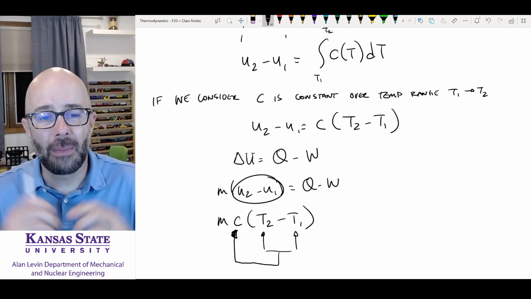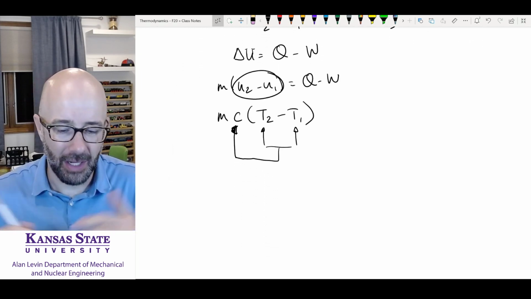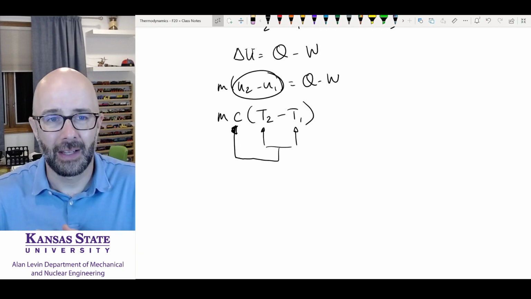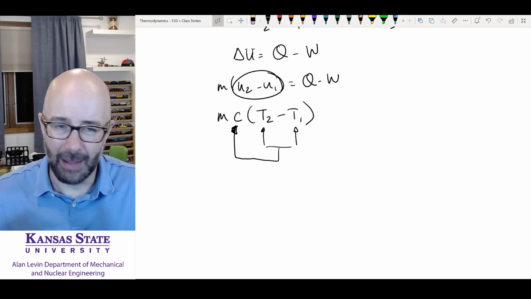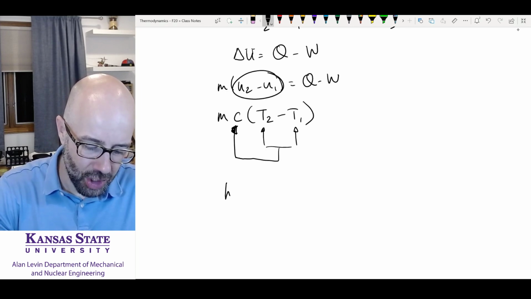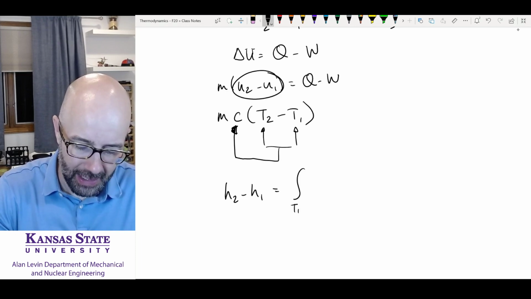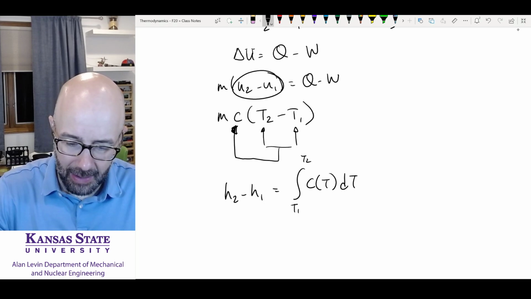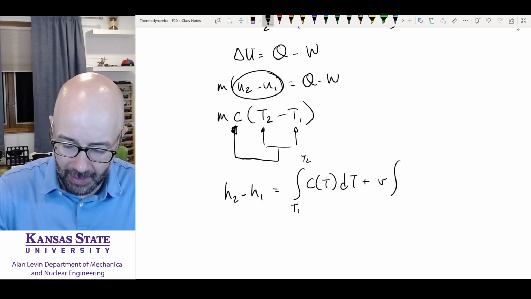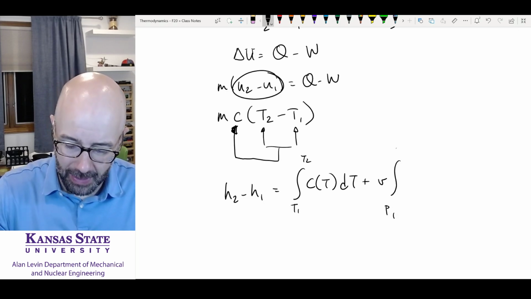Now, enthalpy is handled the same way, and I'm not going to do the integral for you. It's not that big of a deal, but we can say that H2 minus H1 is going to equal the integral from T1 to T2 of specific heat, which is a function of temperature, times dt, plus the specific volume, which is constant because it's incompressible, times the integral from P1 to P2 of dP.